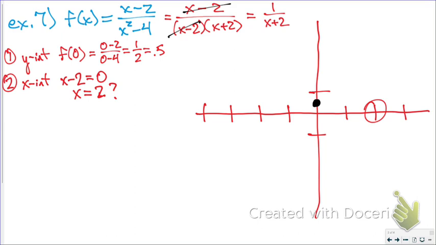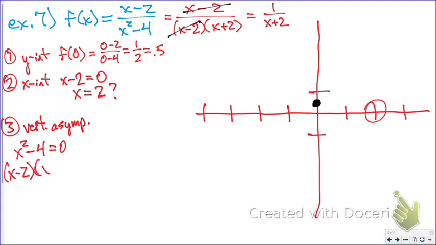Let's move on to step 3. Vertical asymptotes, and we'll see what's going on at this point. So we take the denominator and set it equal to 0. Factor it. And we already know what happens because we did it up top.